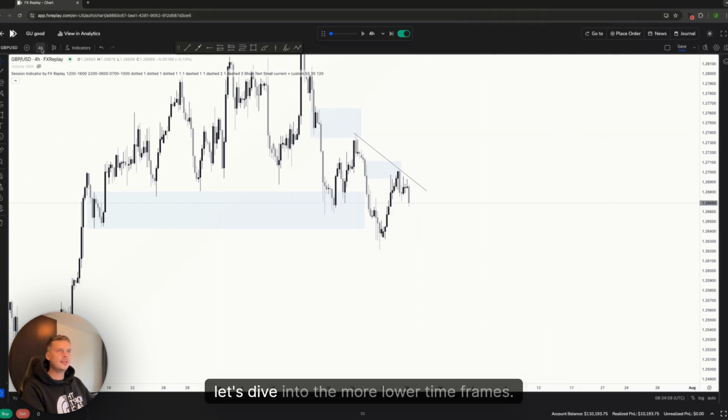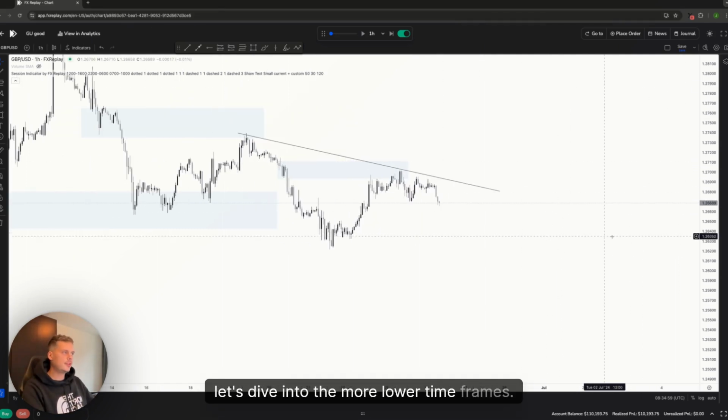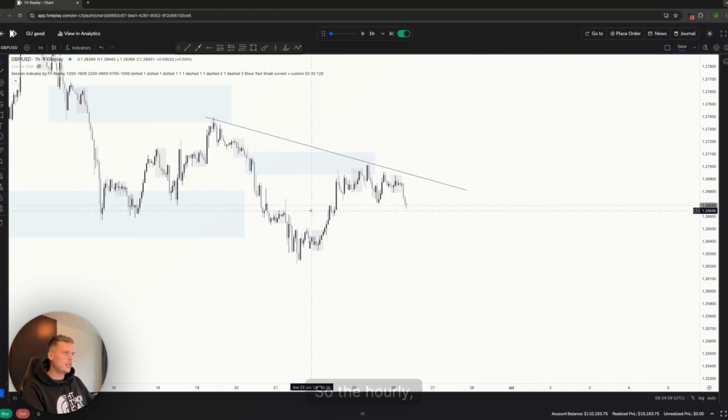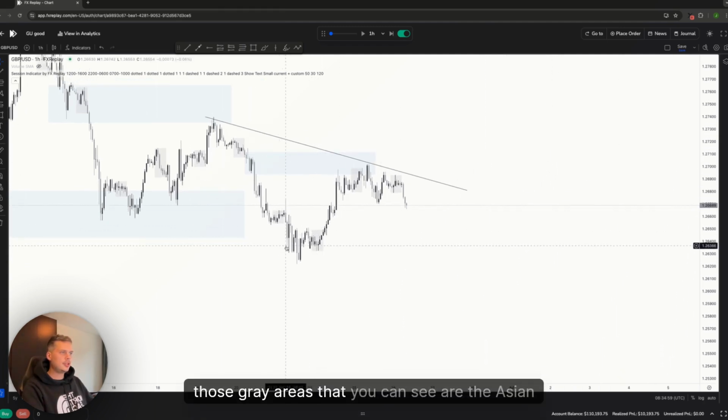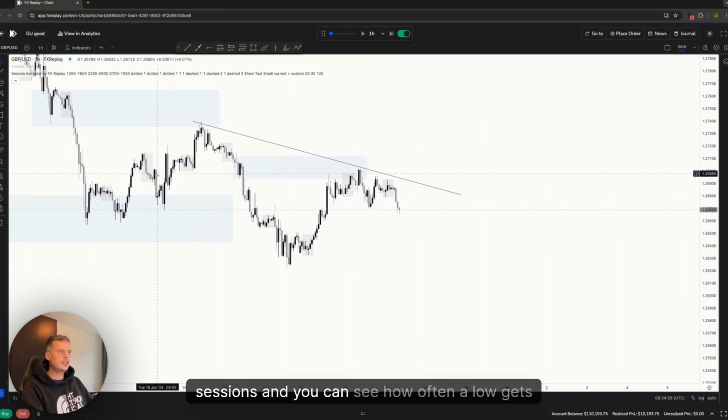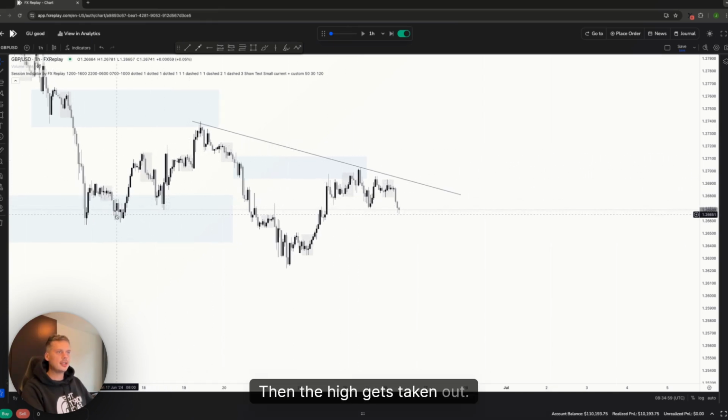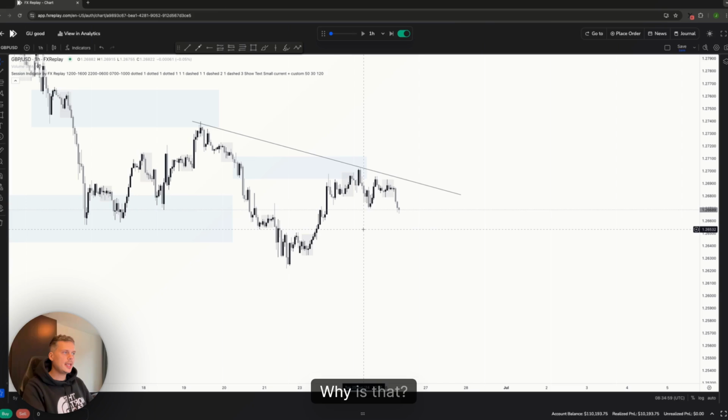All right, let's dive into the lower time frames, so the hourly. Those gray areas that you can see are the Asian sessions, and you can see how often the low gets taken out, then the high gets taken out. The low gets taken out, the high gets taken out, right? We can see it time and time again. Why is that?